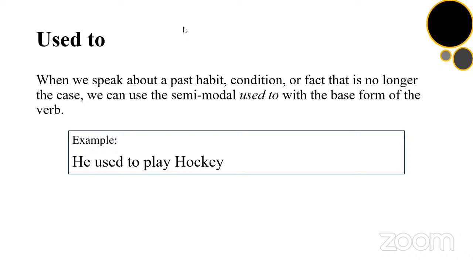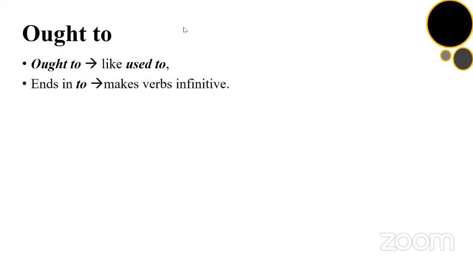Yes, ma'am. Ought to. So ought to is used like used to only, and it makes a verb's infinitive, right? What does infinitive mean? Having no end. Yes, that is having no end.